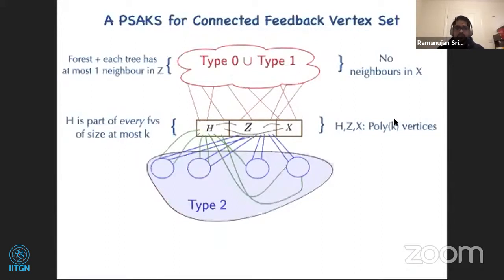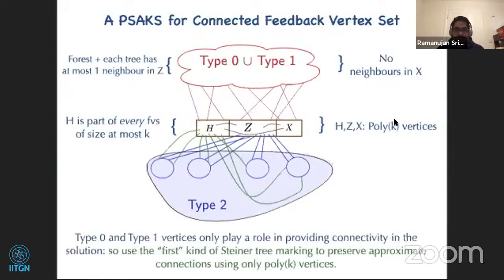So coming back to this decomposition, what this allows us to do is shrink each type 2 component to poly K size. And I can take the entire set of type 0, type 1 vertices and apply the same reasoning to get a one-shot reduction that compresses all of them to poly K size.